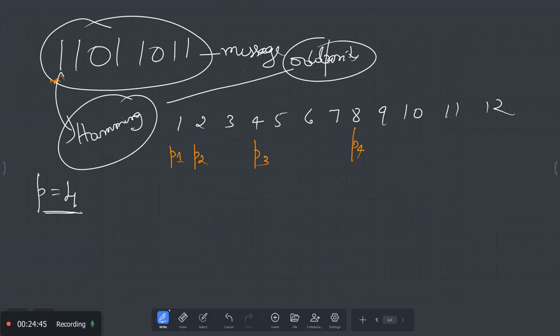Suppose we take these as M1, M2, M3, M4, M5, M6, M7, M8. This is your M1, M2, M3, M4, M5, M6, M7, M8.